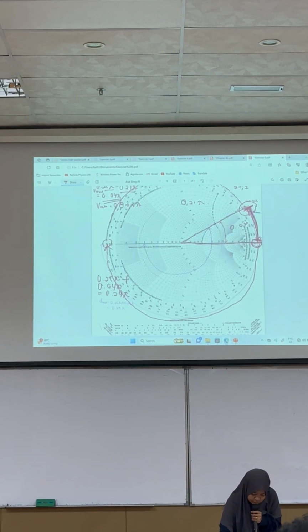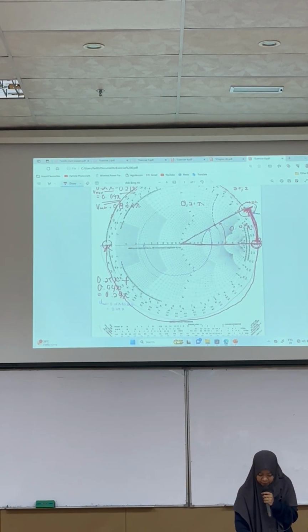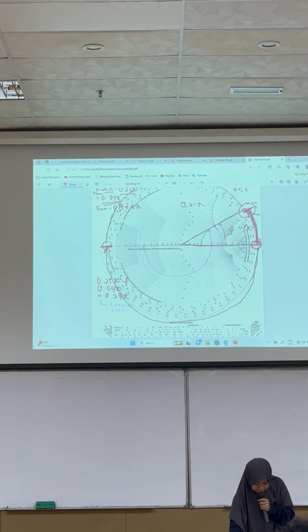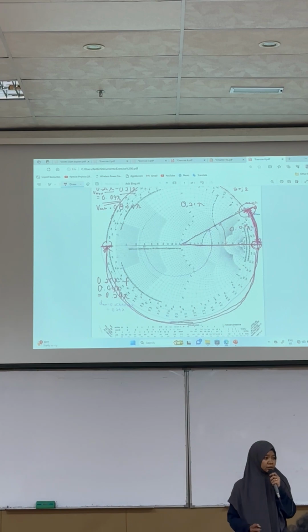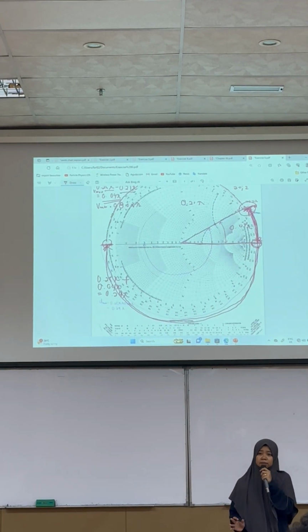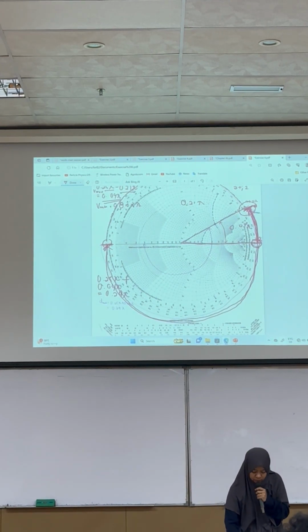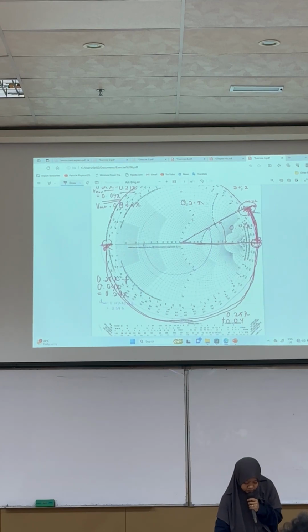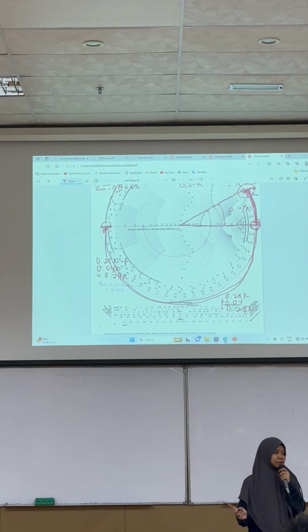Panjang ni lah, this length is 0.04 lambda. Vmin happens here, so you have to move from here towards 0 or 0.5 lambda. 0 lambda lah, senang, kita ambil 0 lambda. So 0.25 lambda plus 0.04, you get 0.29 lambda. Vmin happens at 0.29 lambda.